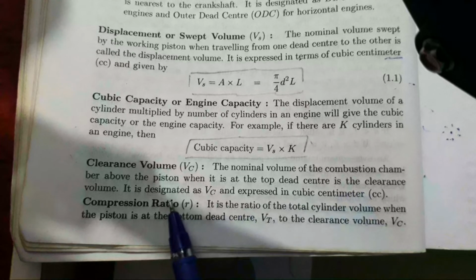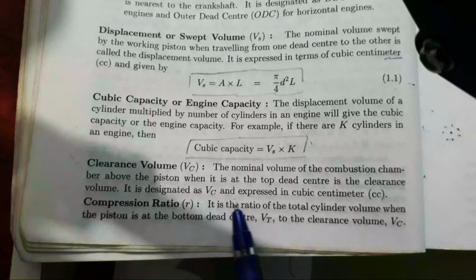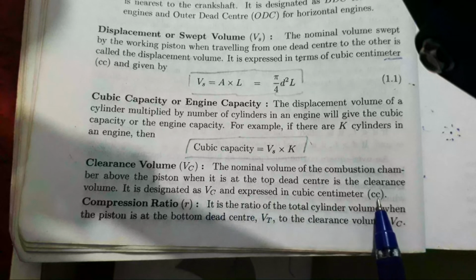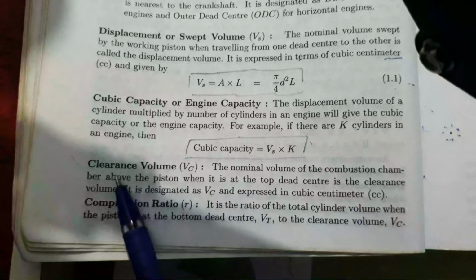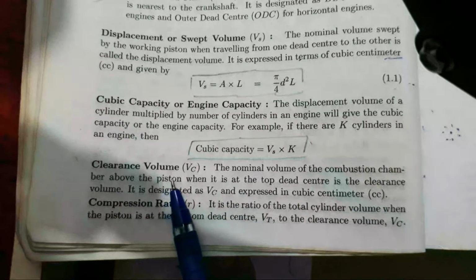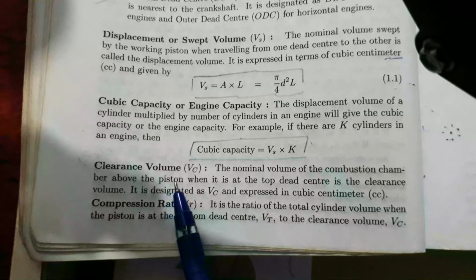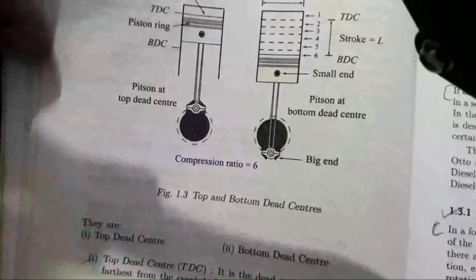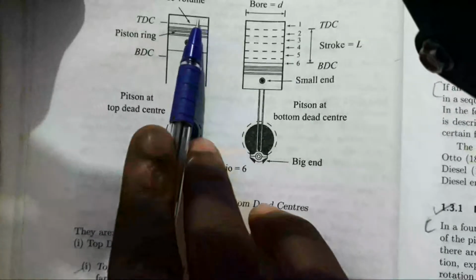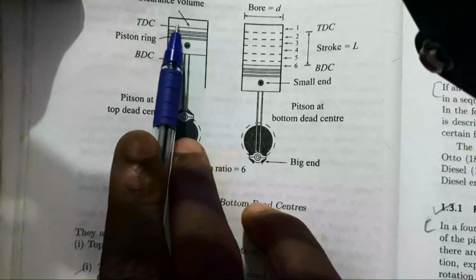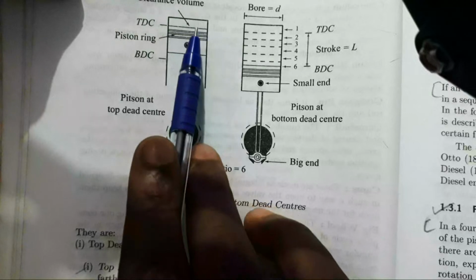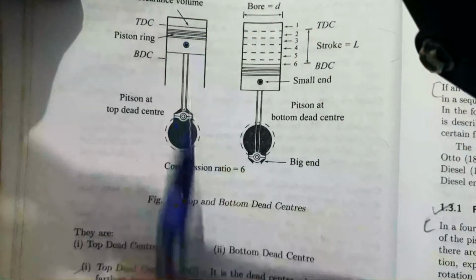It is designated as Vc and expressed in cubic centimeters, cc. It is showing here. This space is called clearance volume, from this line to this line.